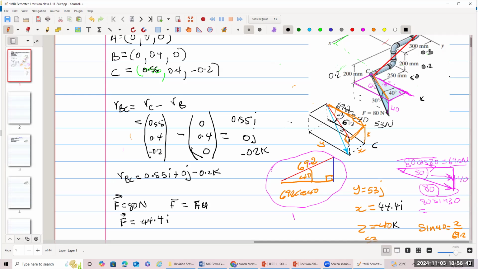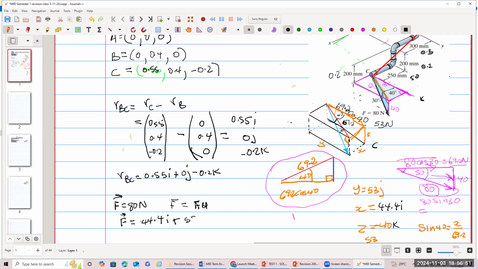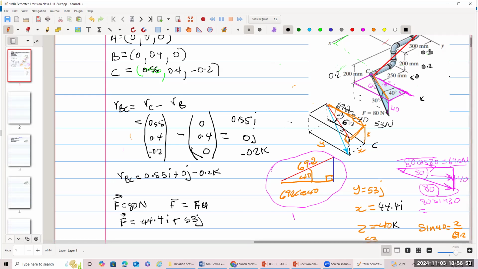44.4, plus, what is the J now? Give me the J value. 53. Isn't it 53? Yes. Plus, minus what? 40. So that is it. We have worked out all of these values, which actually give you the components of the force.